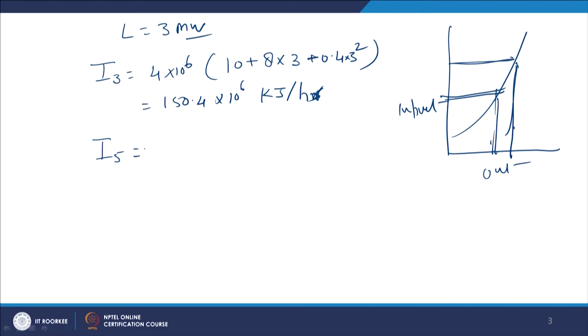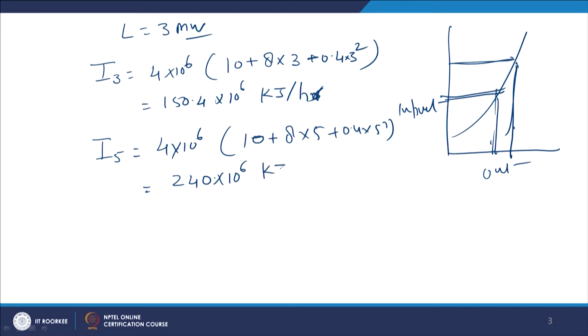Now, I5, the input for 5 megawatt output, is 4 into 10 to power 6, 10 plus 8 into 5 plus 0.4 into 5 square. Now, this gives I5 as 240 into 10 to power 6 kilojoules per hour, right?